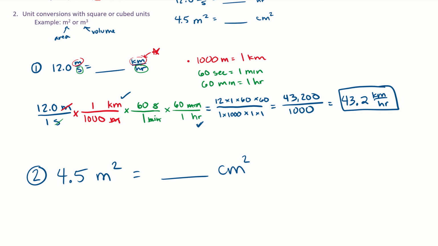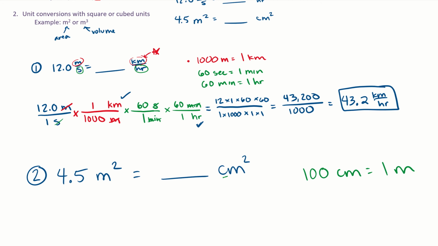Okay, so I start very similarly. I need to figure out what conversion factors I know. What's the relationship between meters and centimeters? For right now, I'm going to kind of ignore the fact that there's a squared. I know that centi here means 100, so I know there's 100 centimeters in 1 meter. So that's my conversion factor.